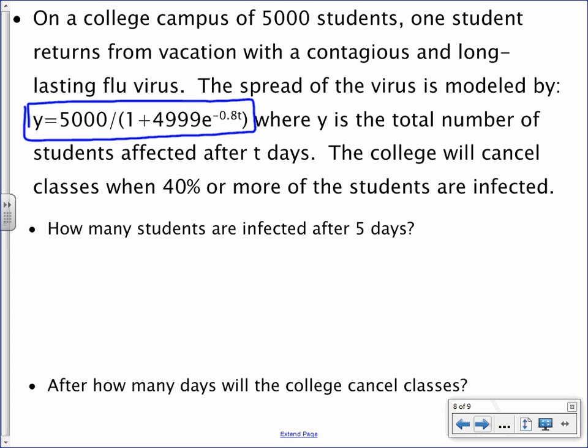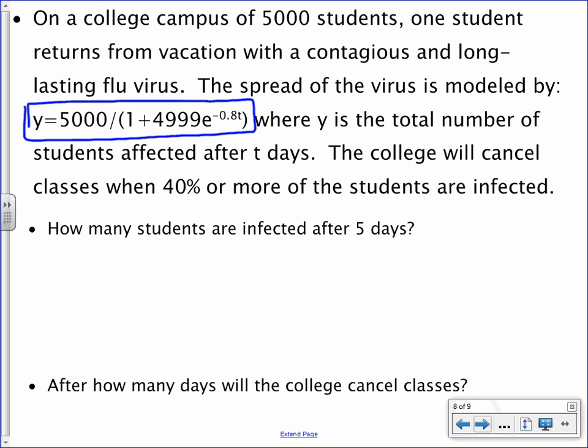Let's think about it. A virus is spreading on campus. If we're just talking about the students on campus, it's going to spread really fast, but then the more people that have been exposed to it, the less new people can get it. So it's going to grow exponentially and then slow down. But the exponent of the rate is negative. It's in the denominator.